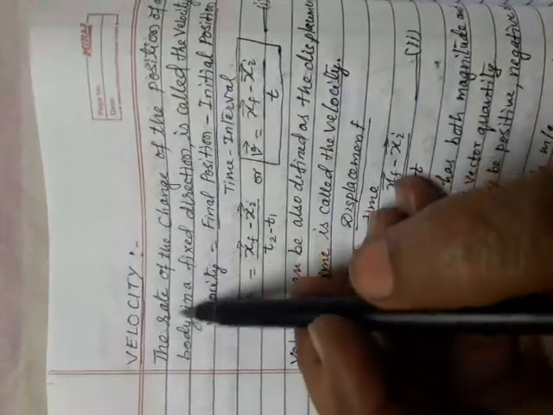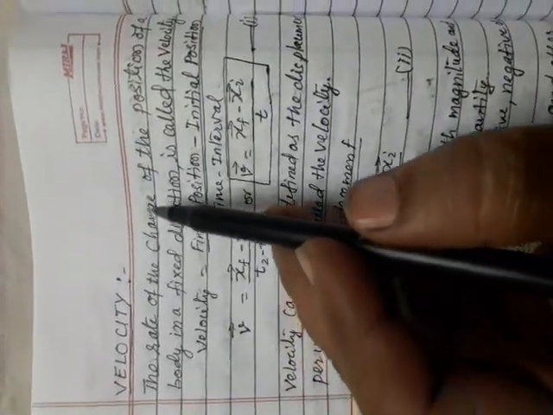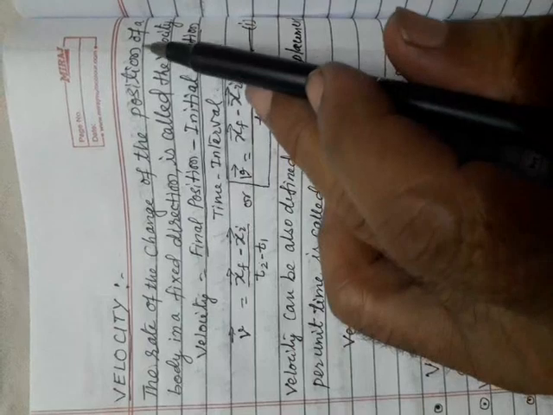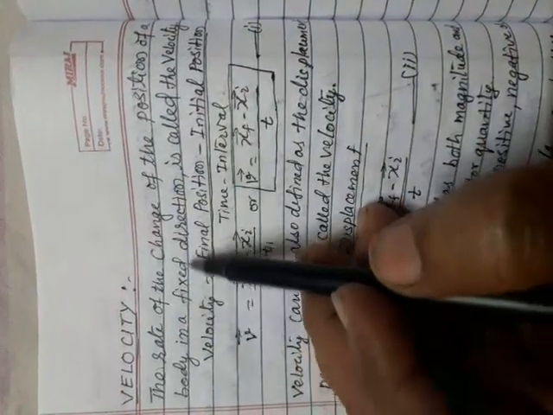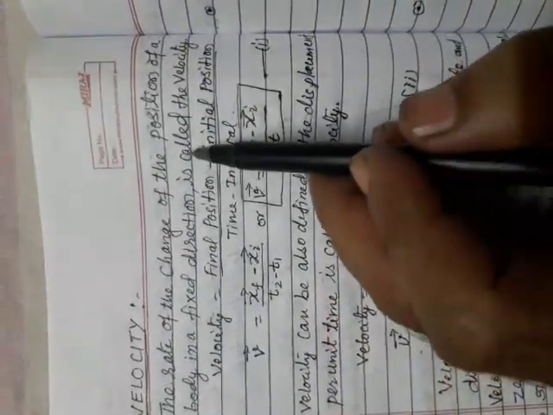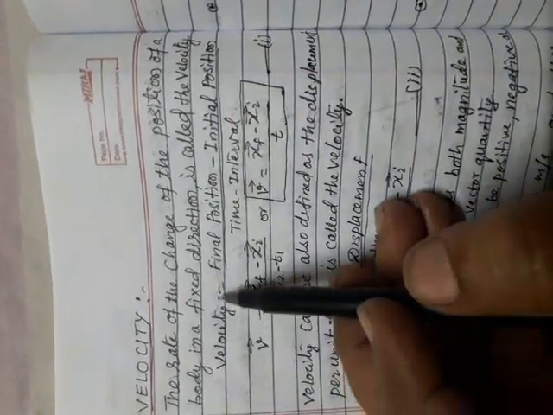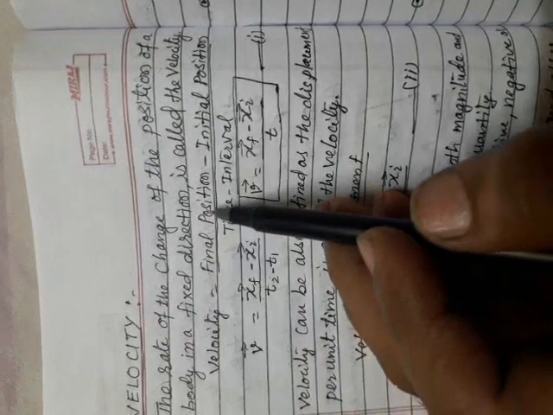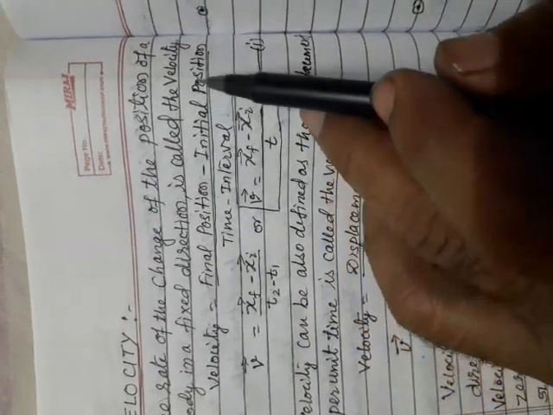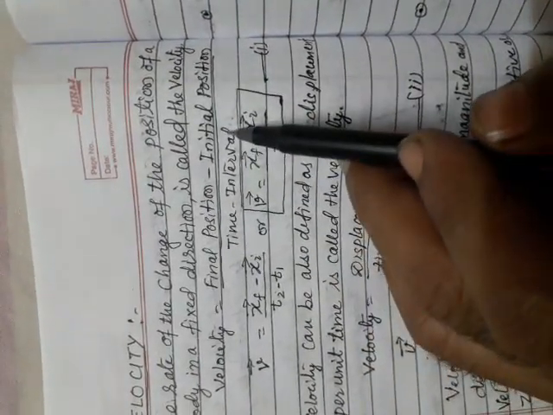My dear students, the rate of change of the position of a body in a fixed direction is called its velocity. That is, velocity is equal to final position minus initial position divided by time interval.